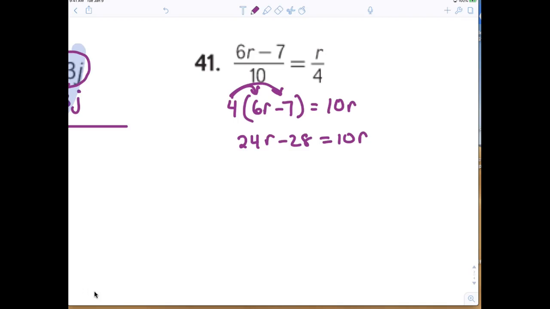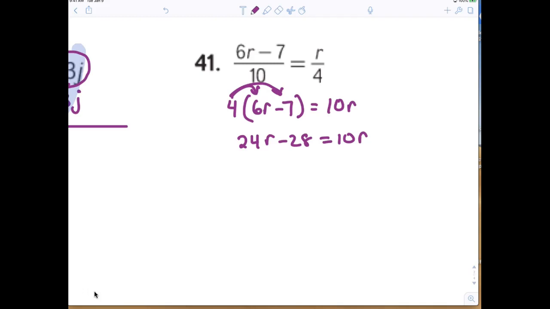Now I keep saying this, and what I like about Carly is when she doesn't understand something, she tells me. That's the way I want everybody to be. If you don't understand something, I really want to help you, even though I'm really frustrated right now because of the way some of you are writing on the iPads. Now, if I move the 24r over, it becomes negative 24.